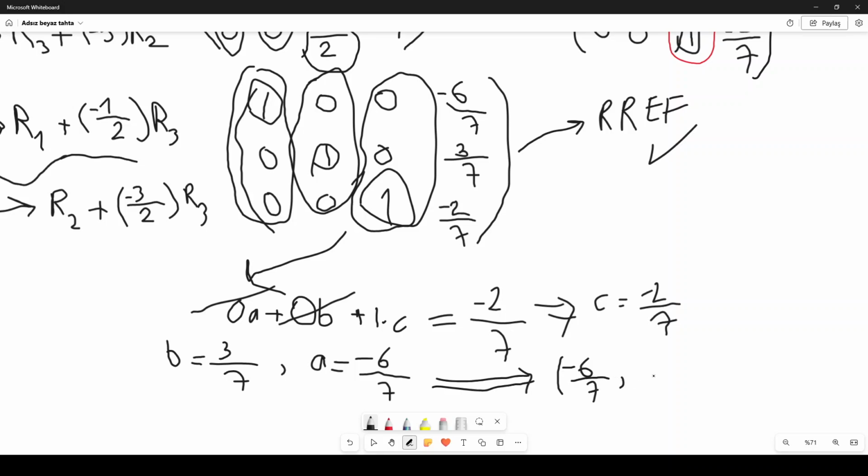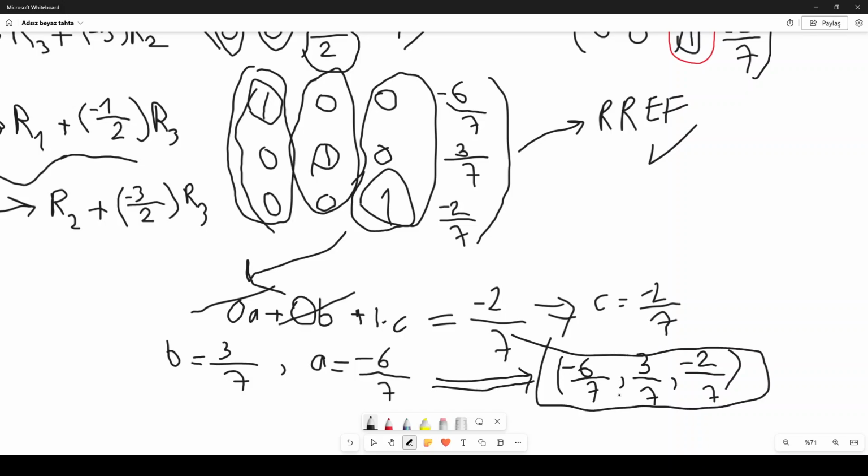I wrote them in the same order as the unknown variables, in the order of ABC, okay? And 3 over 7 and minus 2 over 7. This is the solution that we found by applying the Gauss-Jordan method to the given system. In other words, this is our output, guys. This is what our algorithm produces.